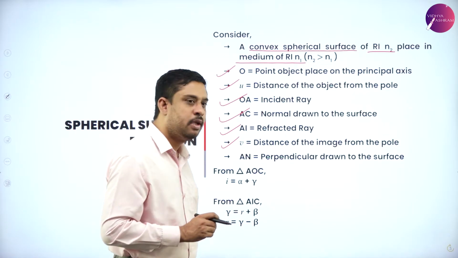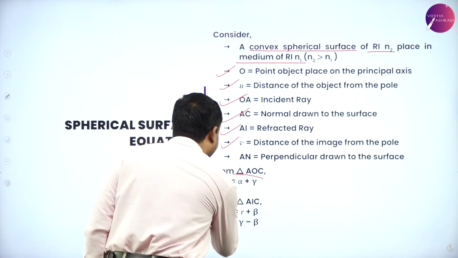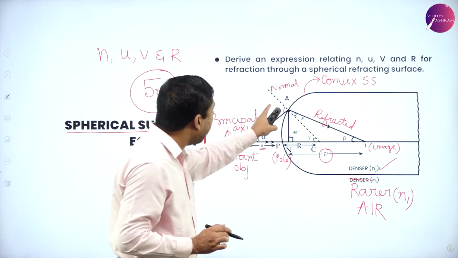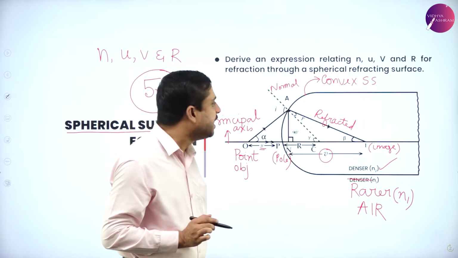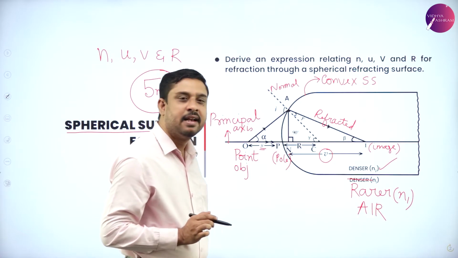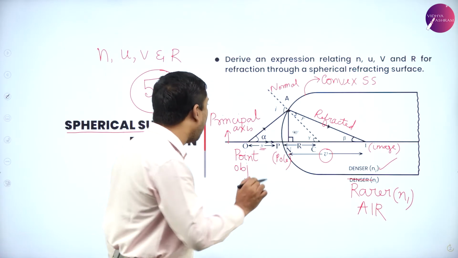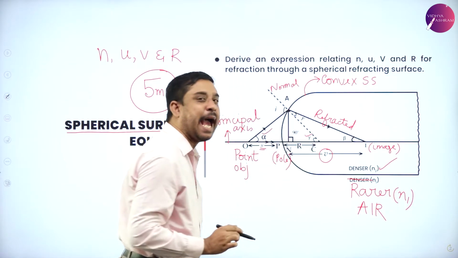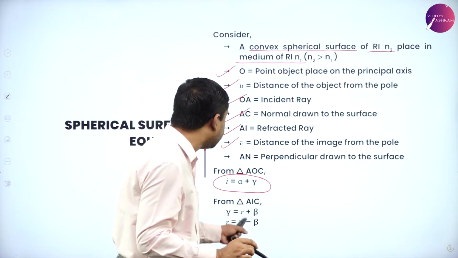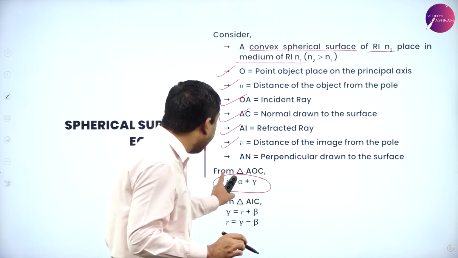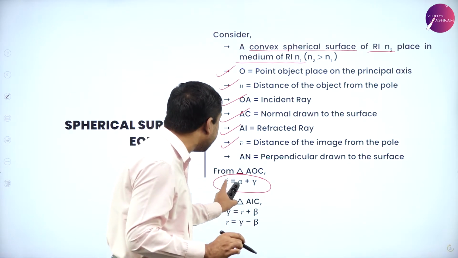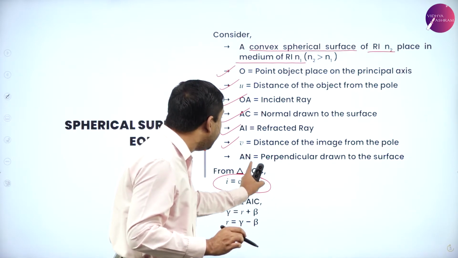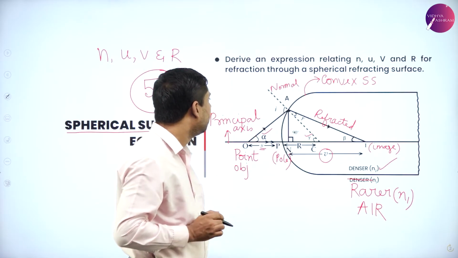Now, consider here, angle of incidence i is equal to alpha plus gamma.